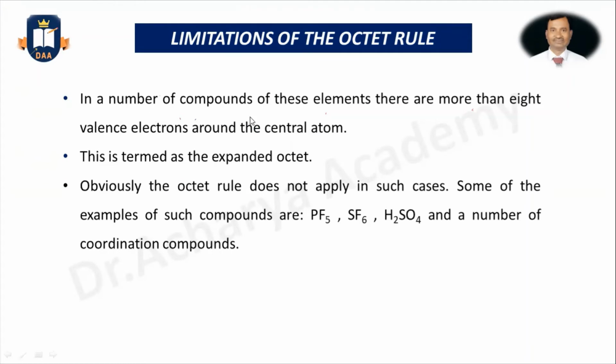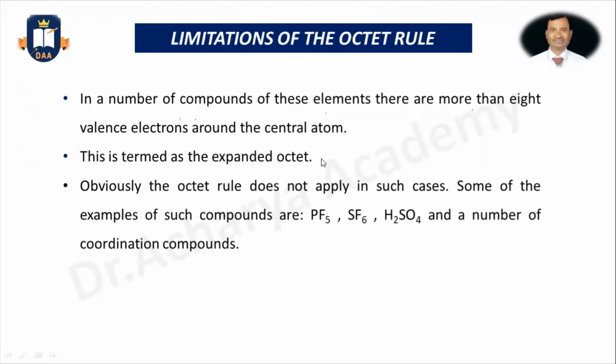In a number of compounds of these elements, there are more than 8 valence electrons around the central atom, and that's why it's called the expanded octet rule. So what is expanded octet?